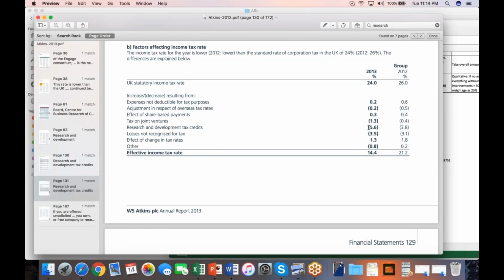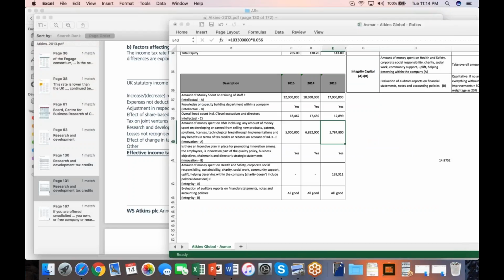And they saved 5.6%. This saving I am capturing here by multiplying the same profit before tax by 0.56, 5.6%. And so they saved 5.7 million pounds by spending on R&D.